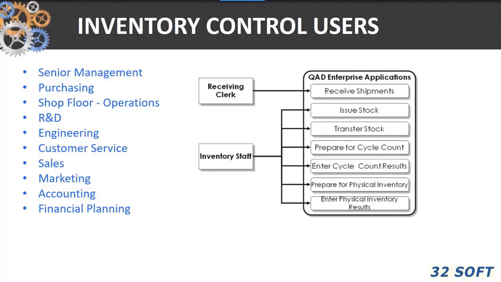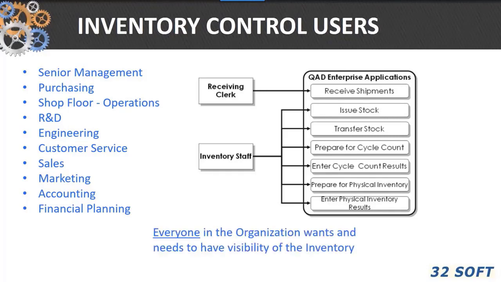They are all interested in inventory control because everyone wants to know and needs visibility of inventory management. So we who sit in the inventory control seat in an organization are in control of the cockpit. That's where everybody wants to have information.